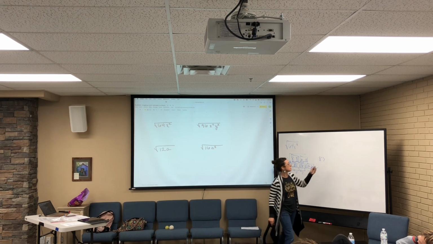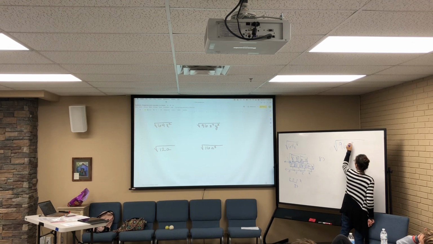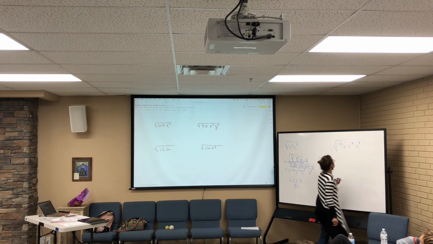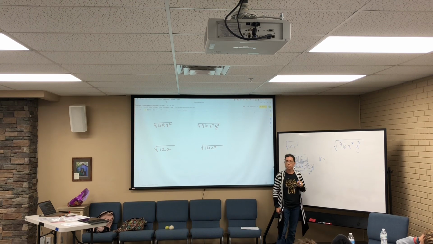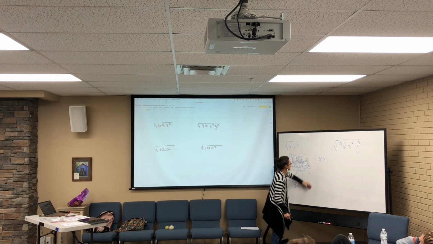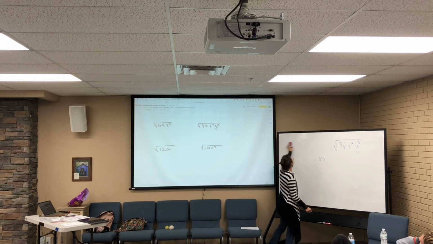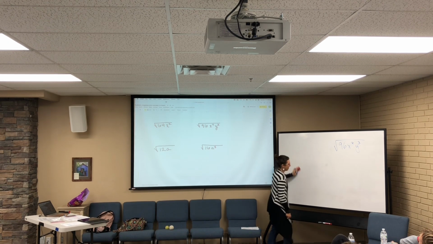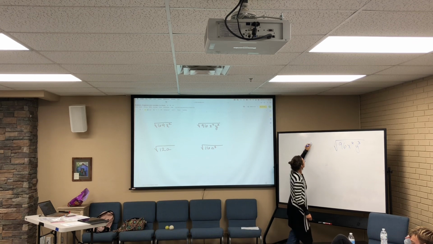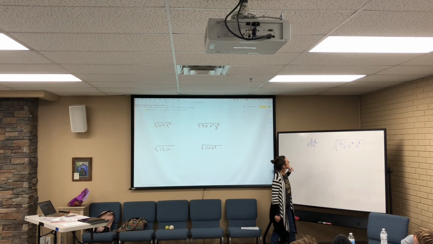Okay, let's look at this one. Square root of 96x squared y cubed. What do we want to do for 96? What factors? You can use your calculator if you have one. Let's see. 96 divided by 3 is 32.